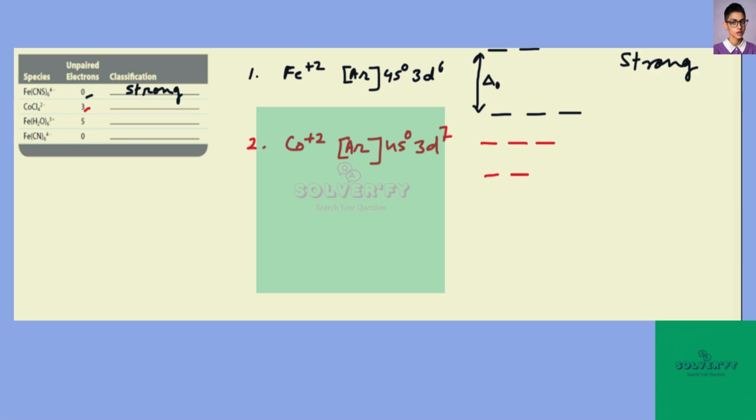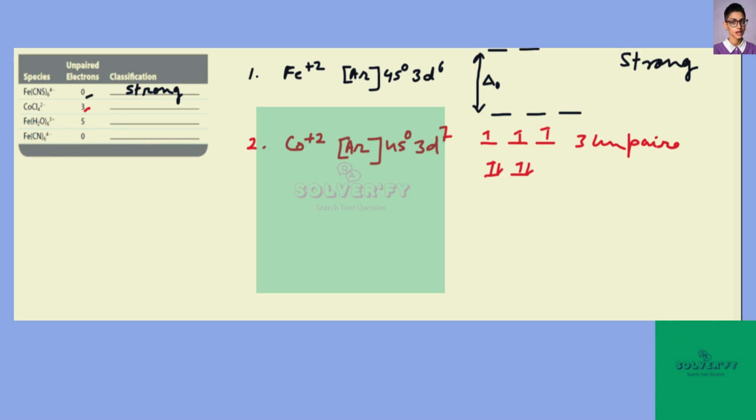Splitting is less. When splitting is less, then the electrons are filled first singly, 3, 4, 5, and then only pairing is taking place, 6 and 7. And by this it is quite clear that 3 unpaired electrons are present.